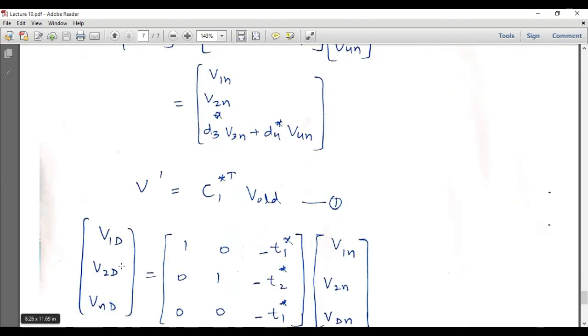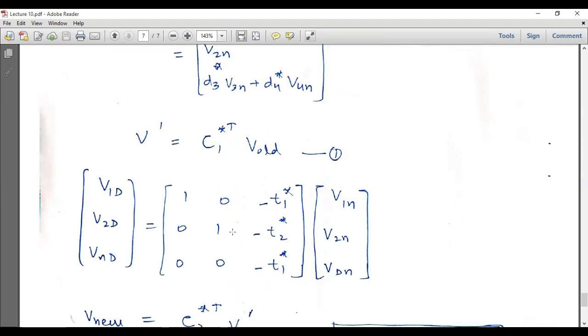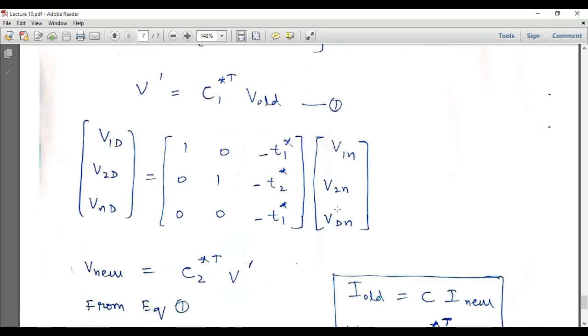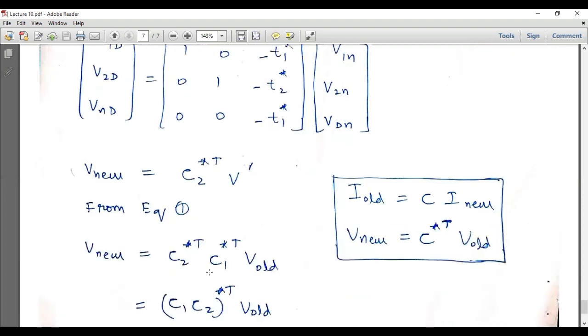Now V new is equal to C2 transpose conjugate into V dash, right? This is our V new, this is our C2 conjugate transpose matrix, and this is our V dash. So from equation 1, we can substitute this V dash into this equation, and V new will be equal to C2 conjugate transpose multiplied by C1 conjugate transpose multiplied by V old.